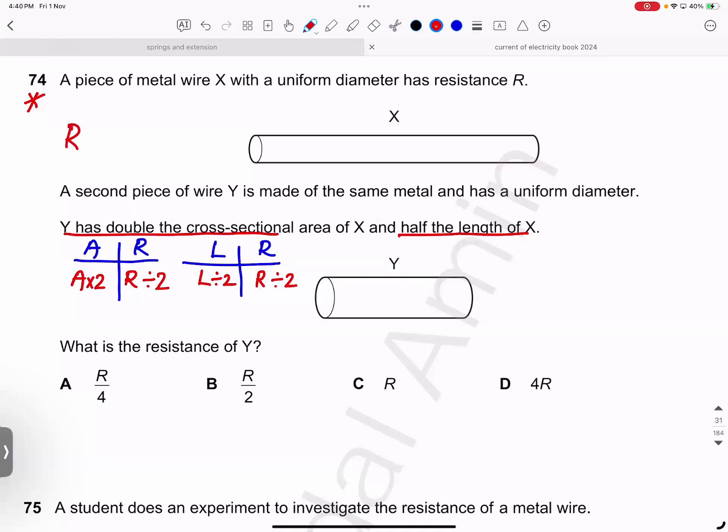Reason: resistance is inversely proportional to area, but resistance is directly proportional to length. So half because of area, half because of length. So your resistance overall is divided by 2 and 2, which is 1/4. Option A.